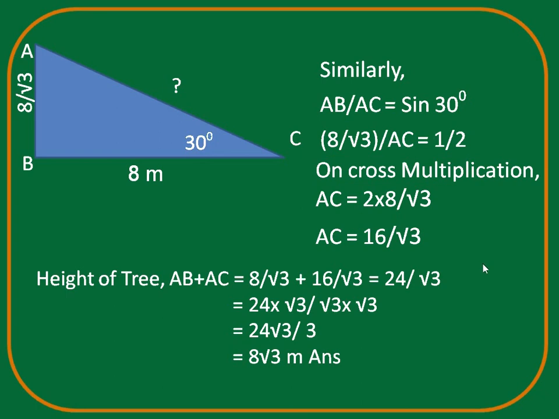So 24 into root 3 upon root 3 into root 3 will be equal to 24 root 3 upon 3, and 3 will be cancelled out by 24, and it will be 8 root 3 meters. So height of tree is 8 root 3 meters.